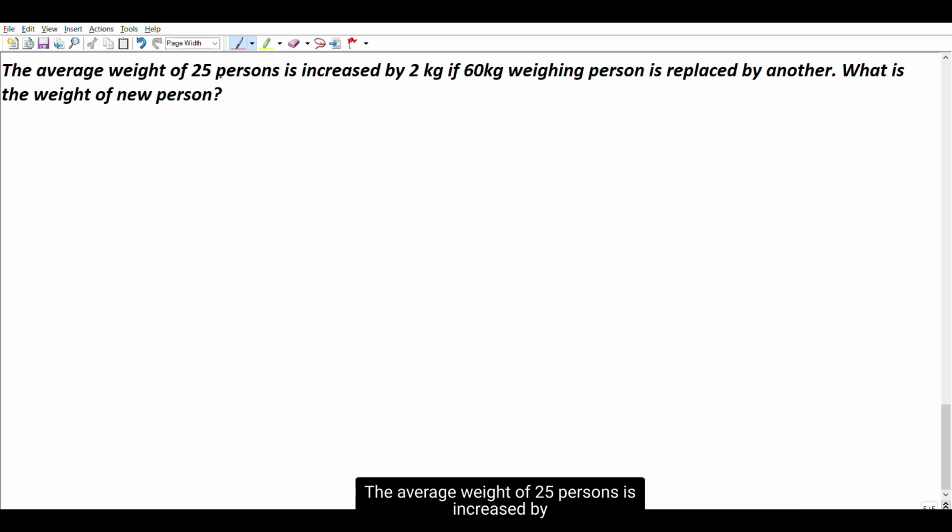The average weight of 25 persons is increased by 2 kg if a 60 kg weighing person is replaced by another. Find the weight of the new person. So from the question, we can clearly identify that the number of observations is equal to 25.